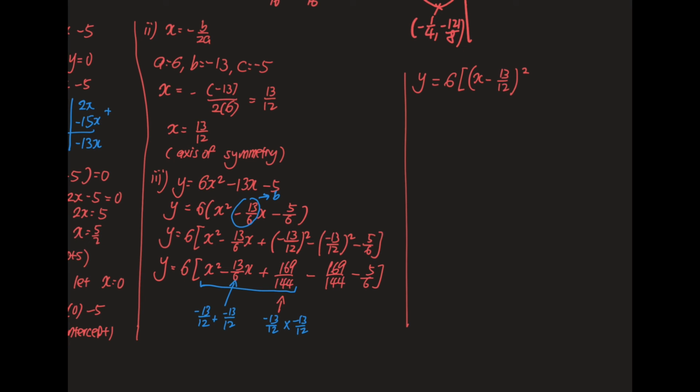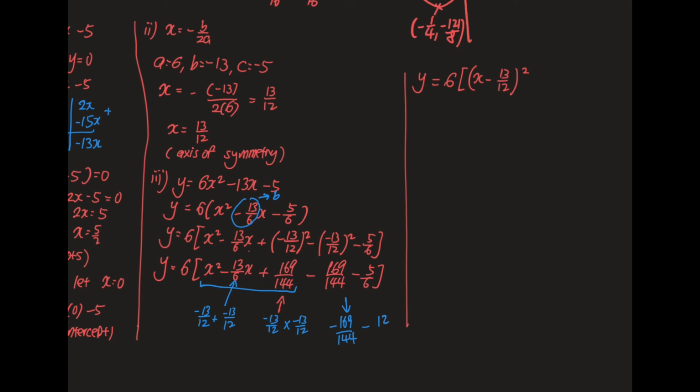Let's say I count it here. Minus 169 over 144 minus, the 5 over 6, I need to change them to the same denominator.